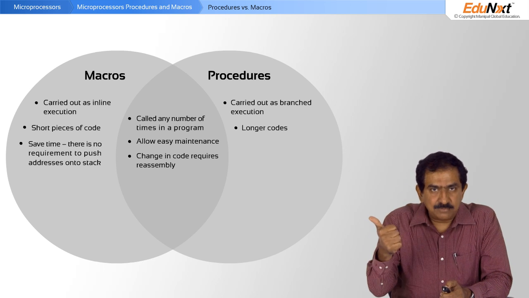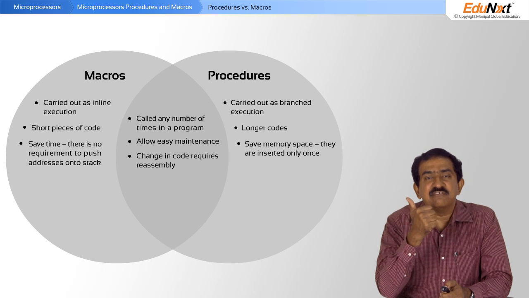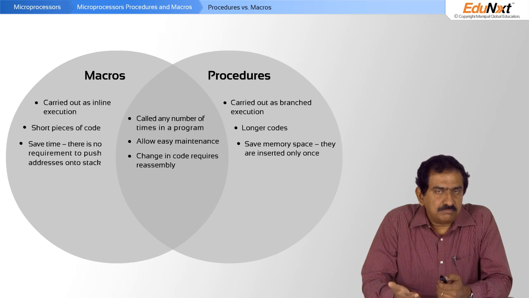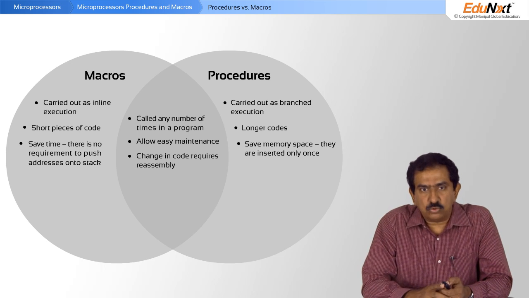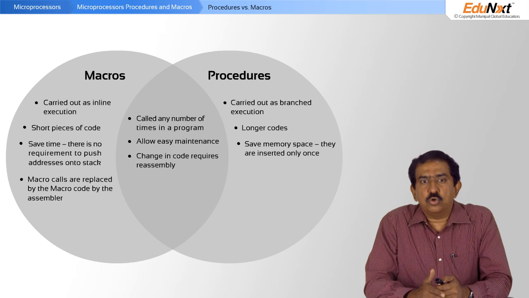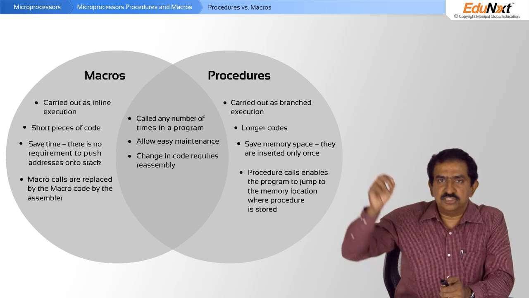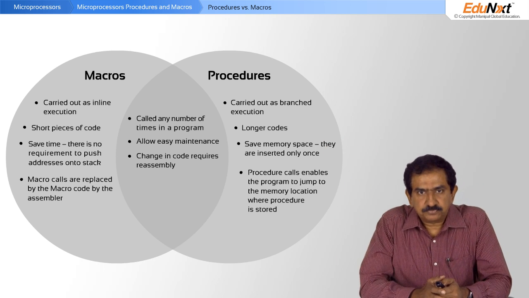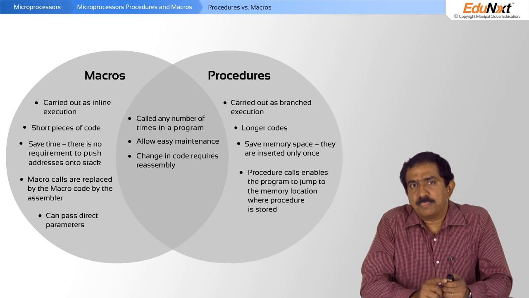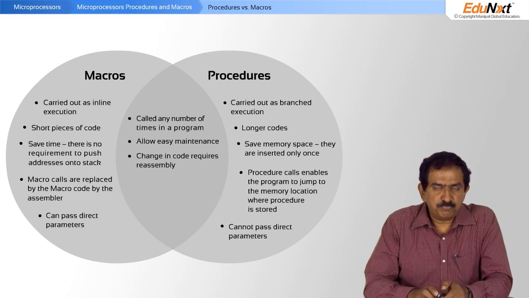Macros save time, procedures save memory. So the primary difference again: macros are inline, procedures are not inline code. A macro call is simply replaced by the original code. The procedure is a jump or a branch instruction. You can pass direct parameters to the macros, but not to a procedure.